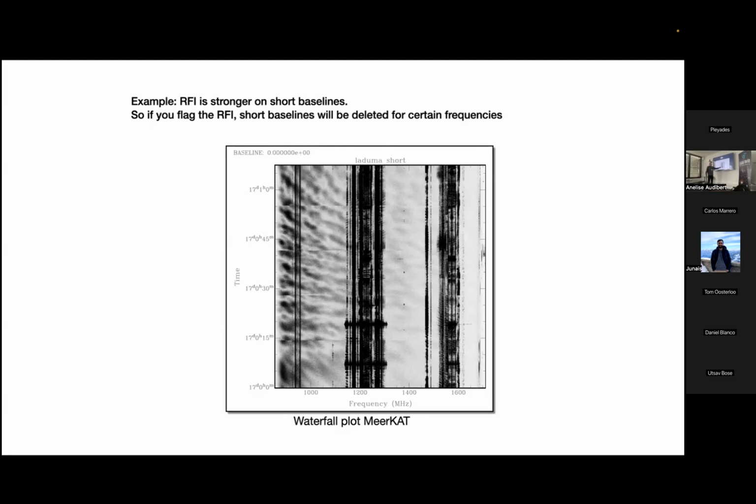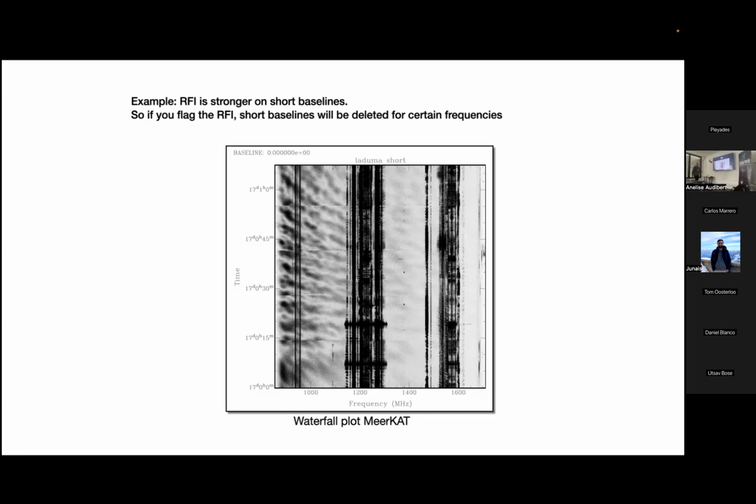This is GPS. This is satellite telephone. This is GSM. So at certain frequencies, you cannot use your observation. So you have to flag these data. They do not contribute to your image.